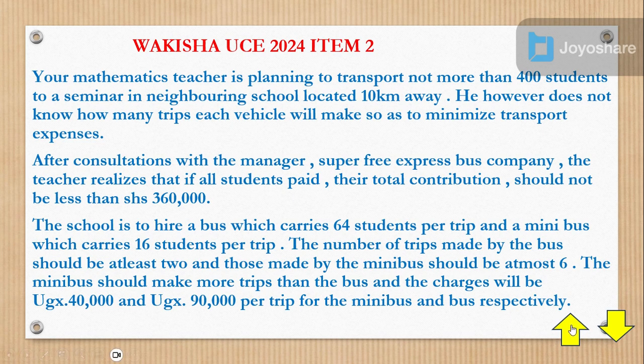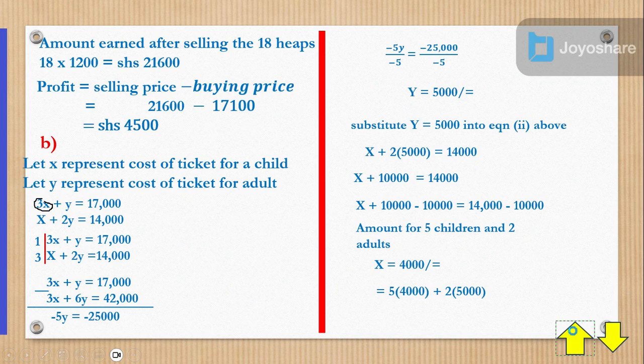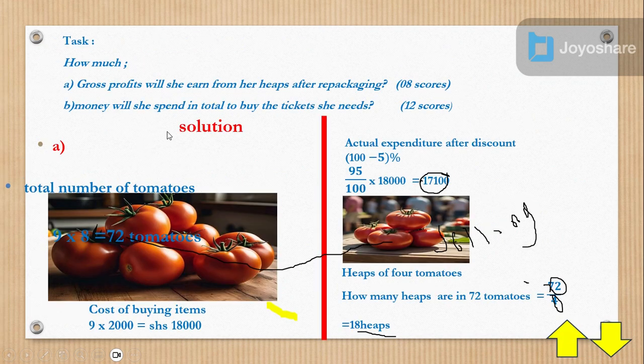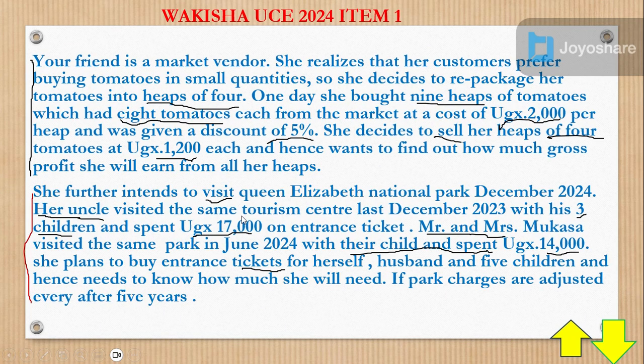Let's go and see how much money she will spend in total to buy the tickets she needs. Let's go and see where we shall get that. So they are saying that she plans to buy entrance tickets for herself. Now you have to come from here. For herself, this is an adult, husband, and 5 children, meaning that the adults are 2.